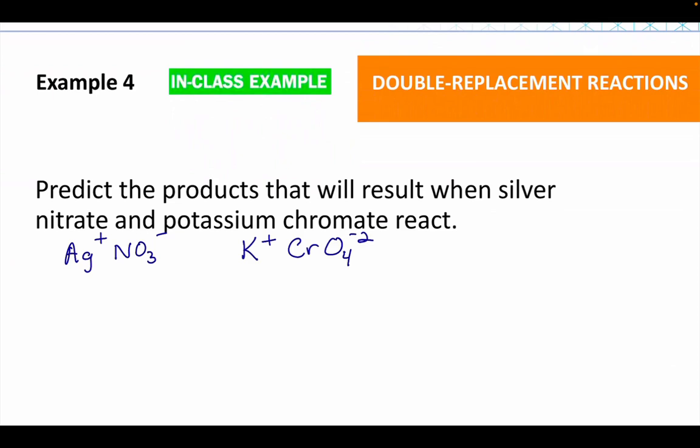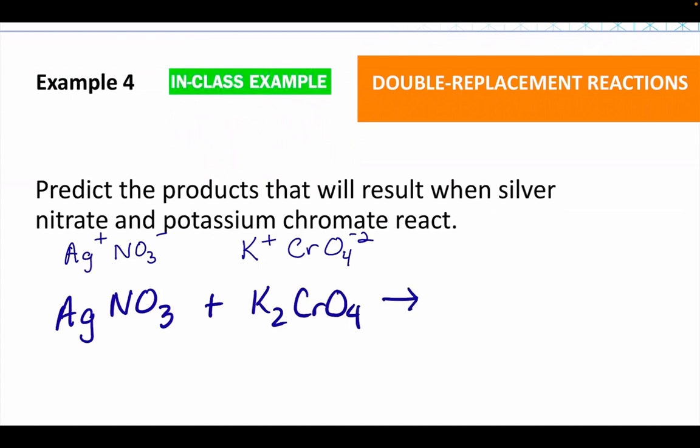So if you want to pause the video and write those formulas. So my formula is just going to be AgNO3 plus K2CrO4.